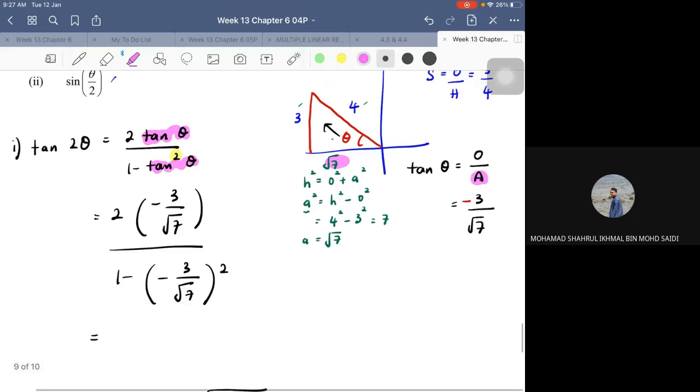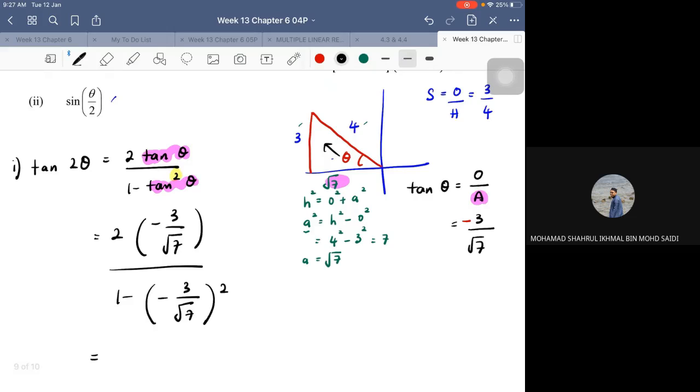Okay, daripada information yang kita dapat ni, can somebody tell me apa dia nilai cos theta? Cos theta sama dengan apa daripada triangle yang kita ada ni?